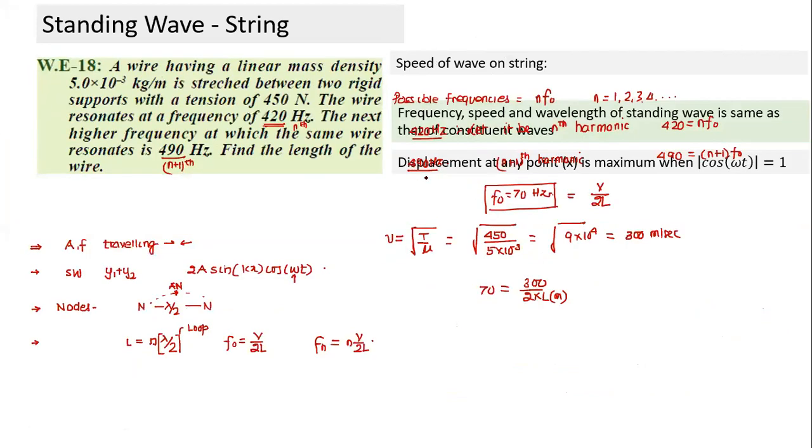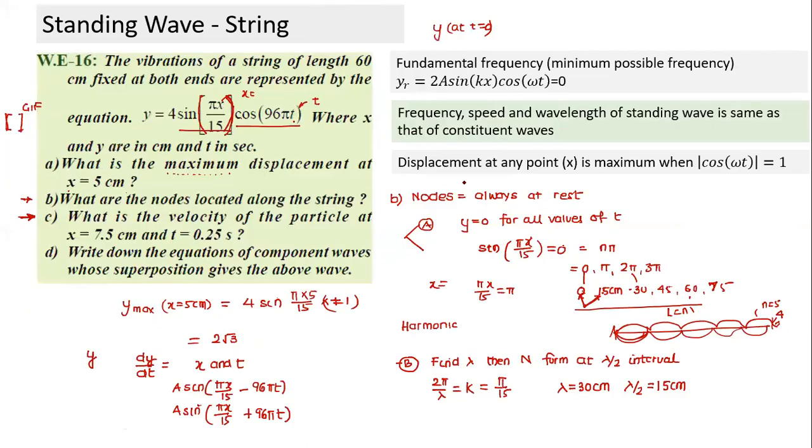Y will be equal to 4 sine pi x by 15. What does it mean? The shape of the string will be similar to a sine curve. And not only at t is equal to 0, at any point of time, the shape of the string will be like a sine curve.